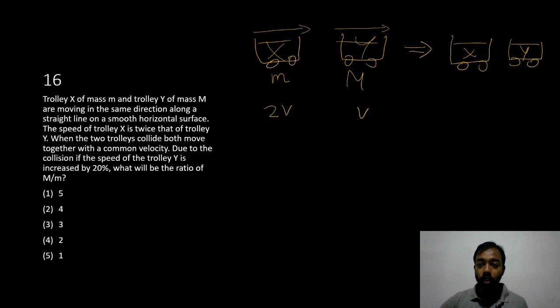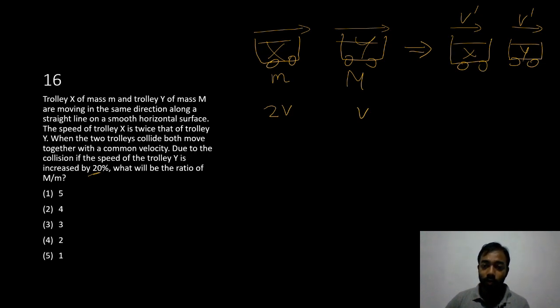The question is not saying that they attach to each other after the collision, they just move as separate trolleys but with the same velocity. So let's consider that common velocity as v dash. Due to the collision, if the speed of trolley Y is increased by 20%, what will be the ratio of capital M over simple m?